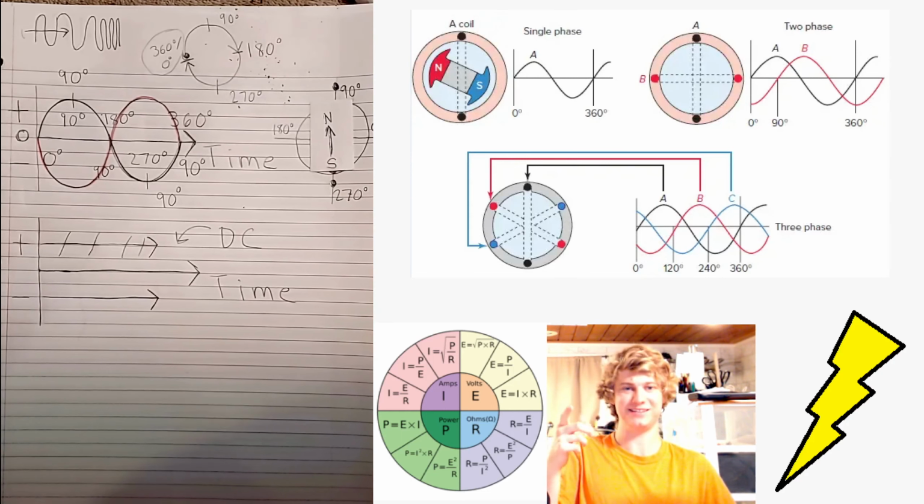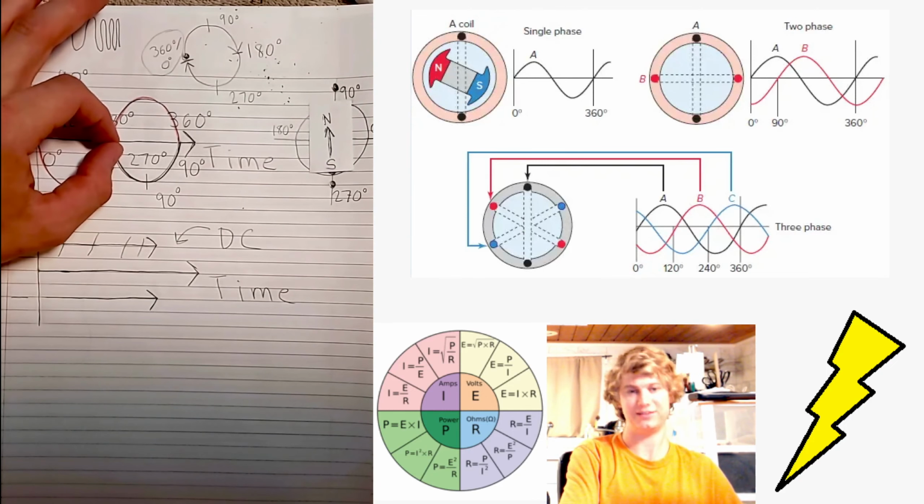And we also need to remember the pushing and pulling, that what is happening on the north pole of the magnet is happening in equal opposition on the south pole of the magnet. If one of them is pushing, the other one is pulling, and they grow in magnitude together. So again, they reach the peak together, and they also reach that zero crossing at the same time as well.